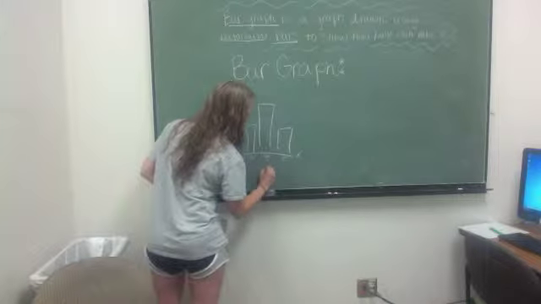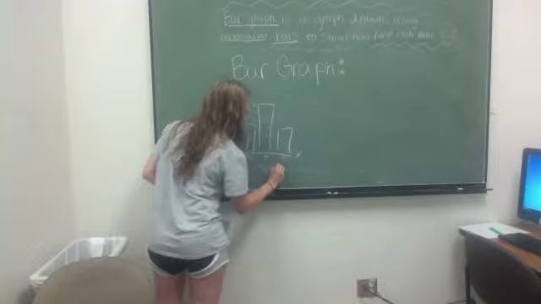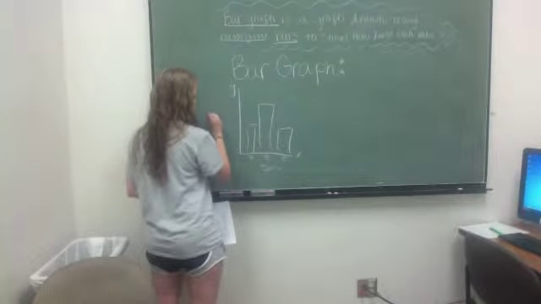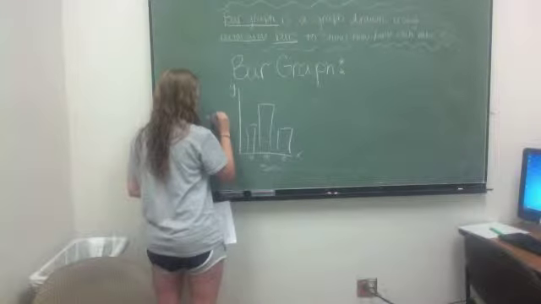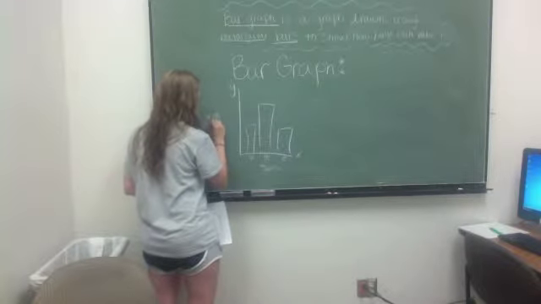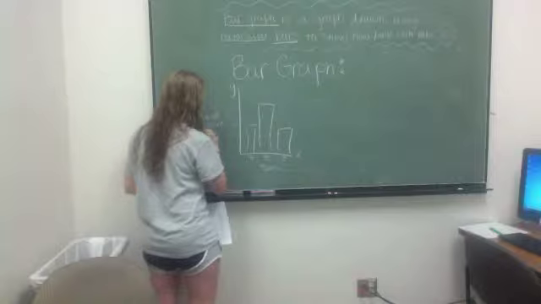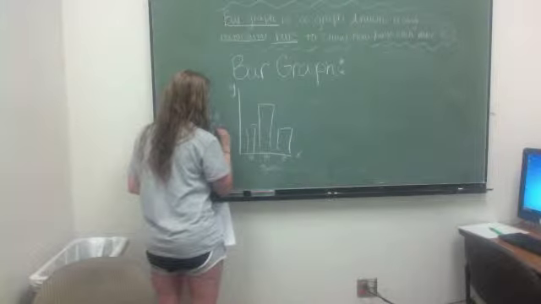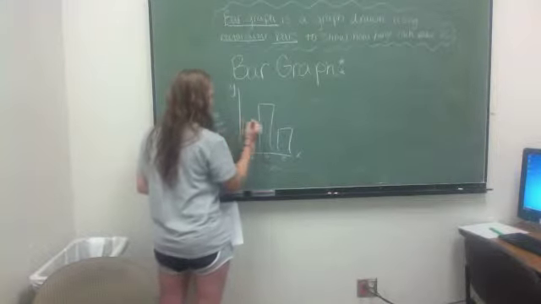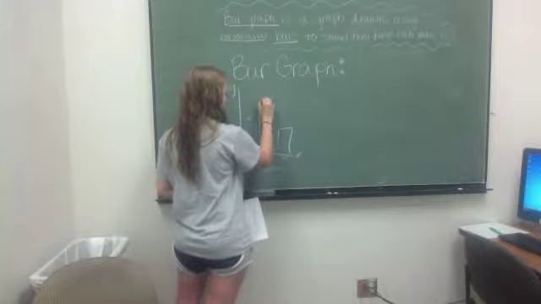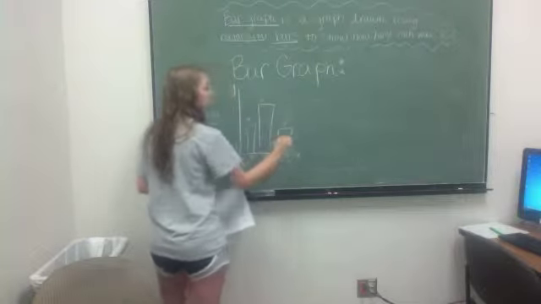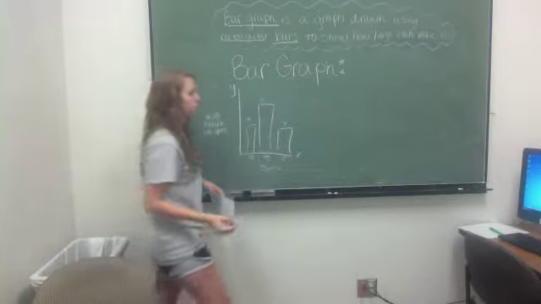And we would say sports. And here we would say number of students like sports. And then we can label a number above each of these. So there's a lot of different parts to the graph that we have to remember.